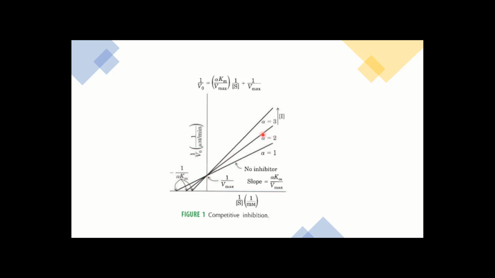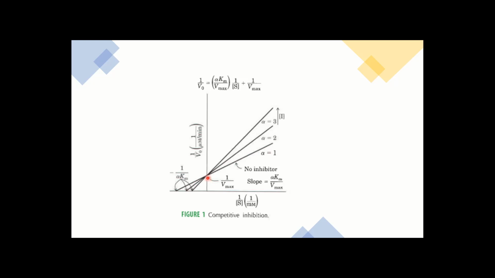Similarly, if you increase the concentration of inhibitor more, from alpha 2 to alpha 3, you can see the slope is increasing more but Vmax is the same. So upon increasing the inhibitor concentration, the slope of this plot will increase, but the Vmax will be unchanged or constant.